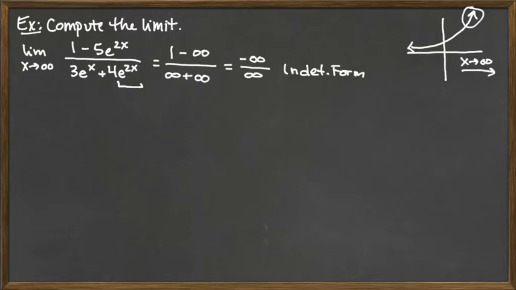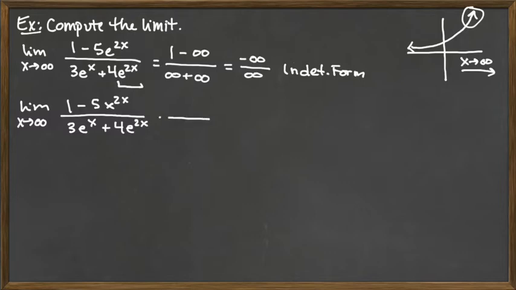So let's do this. What we end up with here is the limit as x goes to infinity, and I am going to write this extra step just to show you what it is that I'm doing. So I'm just copying over my function here, and I notice that in the bottom, my highest power of e to the x was that e to the 2x.